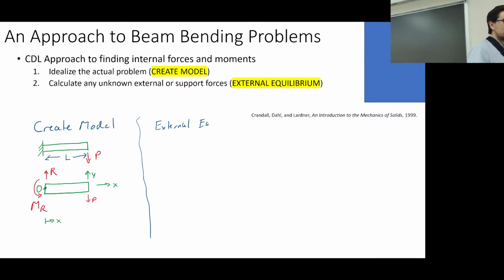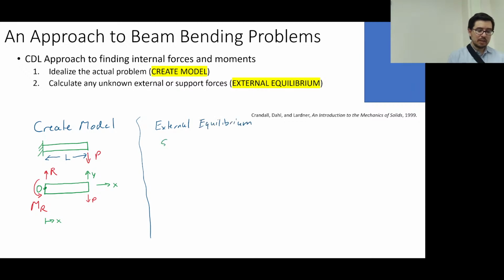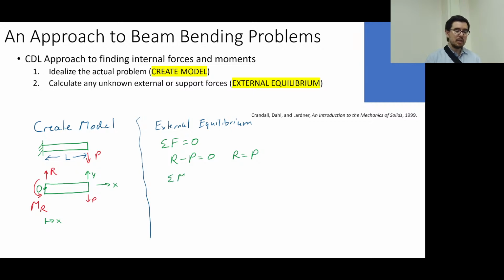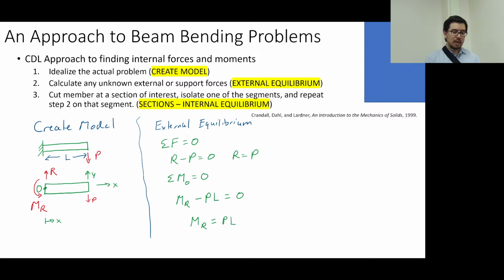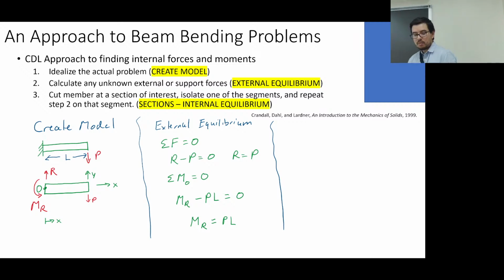After you've completed the external equilibrium, and this slide is identical to what we had yesterday, we look at the internal equilibrium. Typically for beams, it's the method of sections. We don't really think about the method of joints too much here.